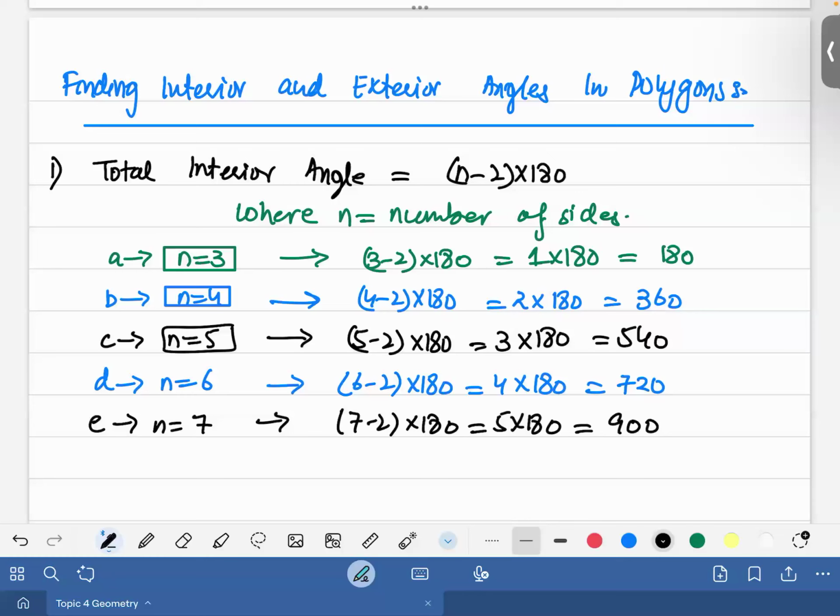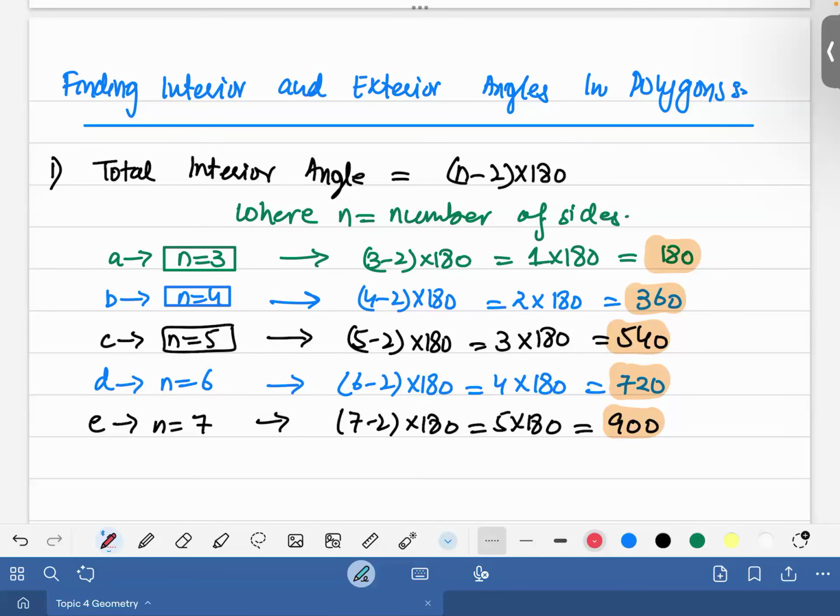You can see very clearly that the sum of the angles in a triangle is 180, in a quadrilateral it is 360, in a pentagon it is 540, then 720, and then 900. So there is a pattern over here. This is just for quick maths.